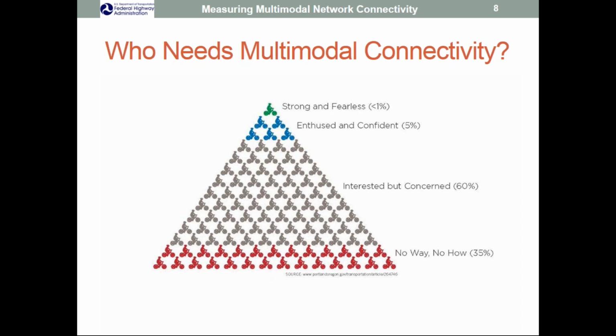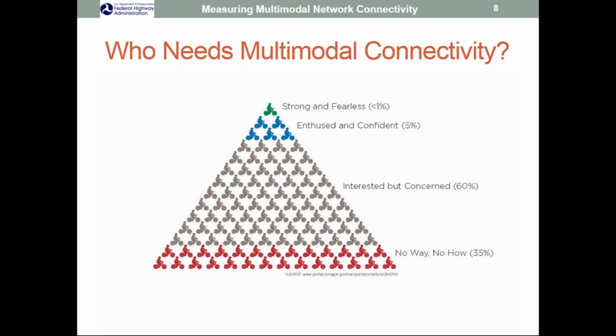But there's a large chunk of folks, really more than half of us, that would like to ride or try to, but we worry, we're not comfortable. And then there's a small sector of folks, right now it's about a third of the population, that says they have no interest in doing this. And so that's fine. There's still plenty of folks that want to.